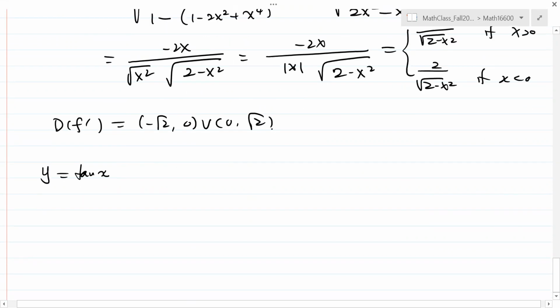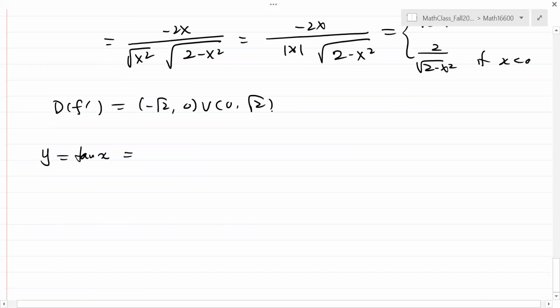All right, so y equals tangent x. We have to know the graph of tangent x. I usually just memorize the properties of sine and cosine, otherwise it's too much. And in the future, we human beings will depend on devices more and more.